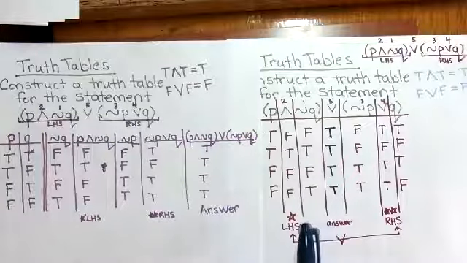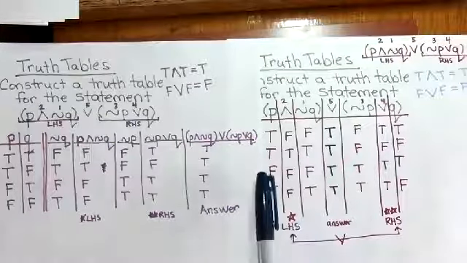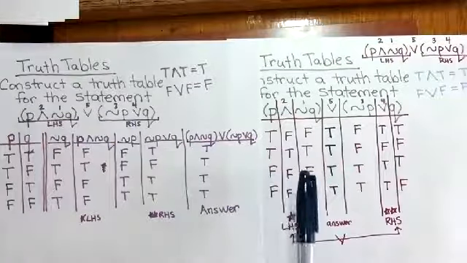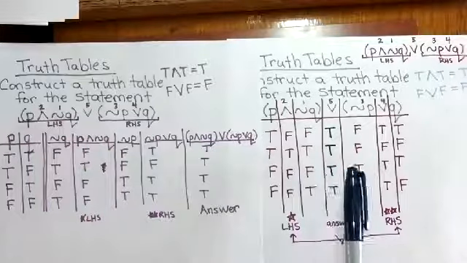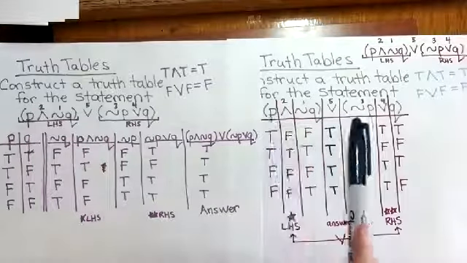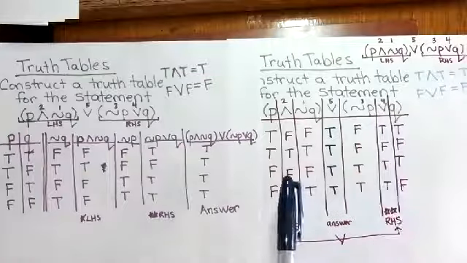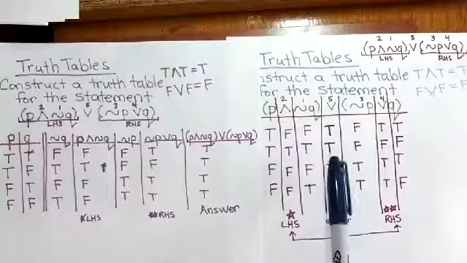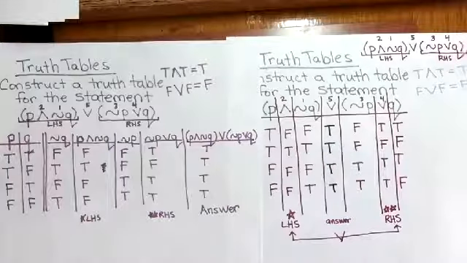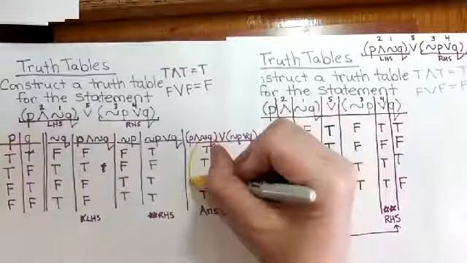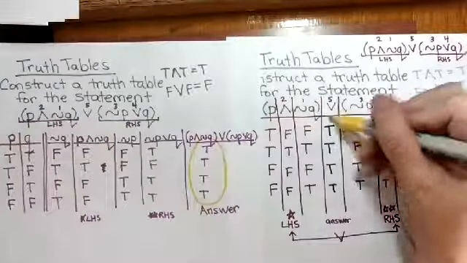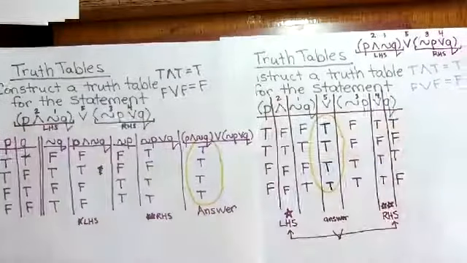The second method, we put columns where each variable sat in the statement itself and built the table below it. The answer ends up being in the middle. But you can see that with both methods, we get the same answer.